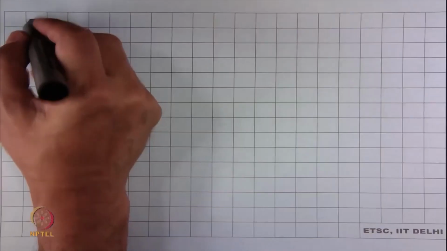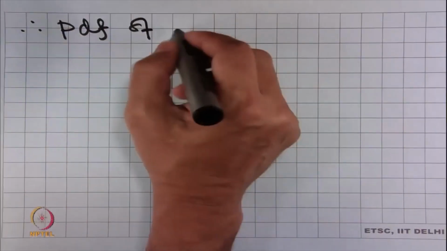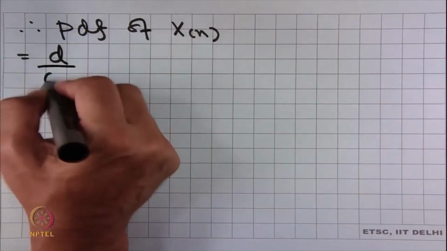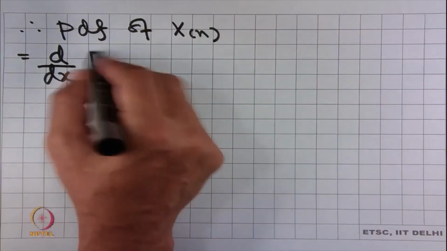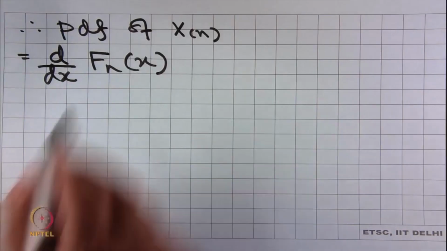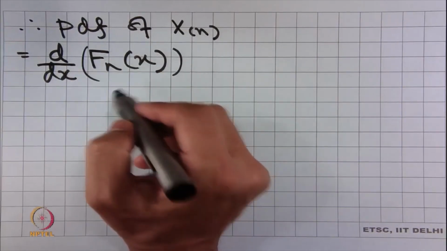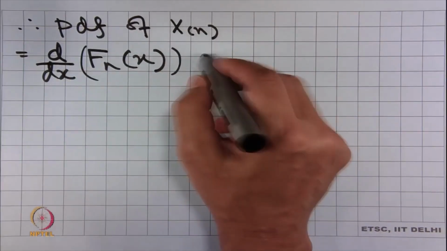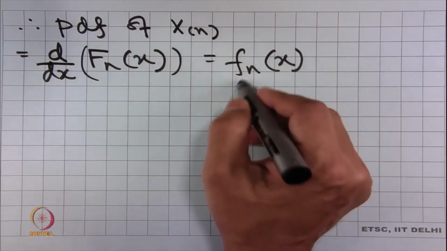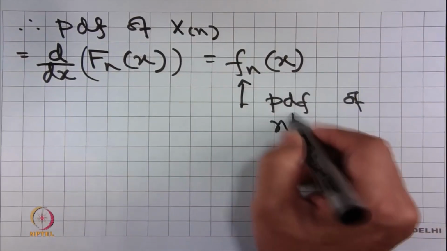Therefore, if we differentiate the cumulative distribution with respect to x, we will get the PDF, which we denote as fn(x), the PDF of the nth order statistic.